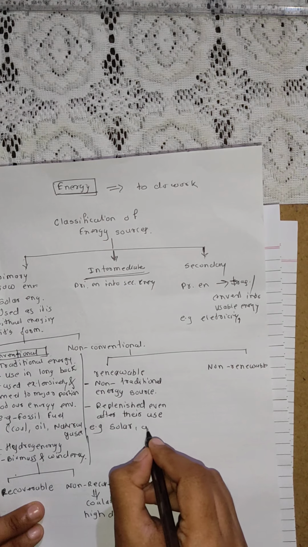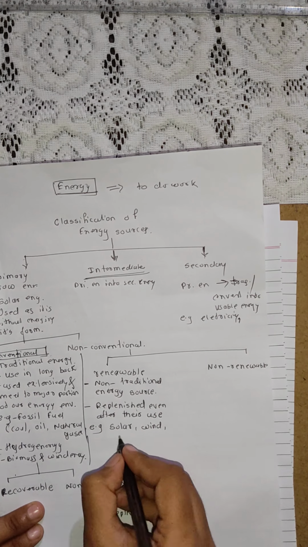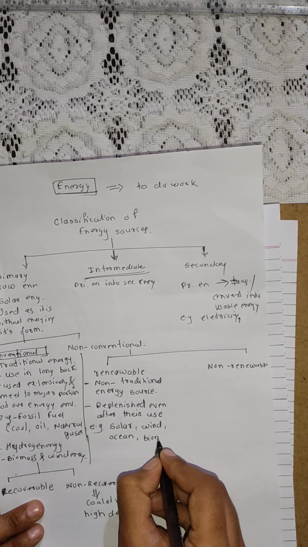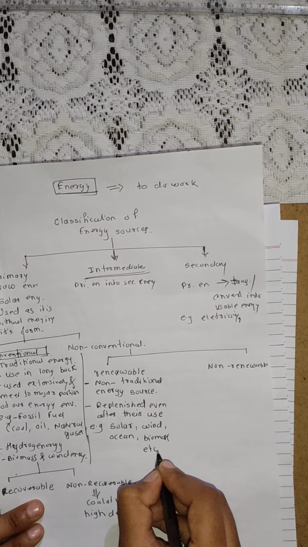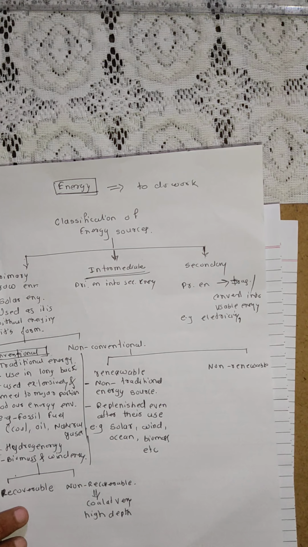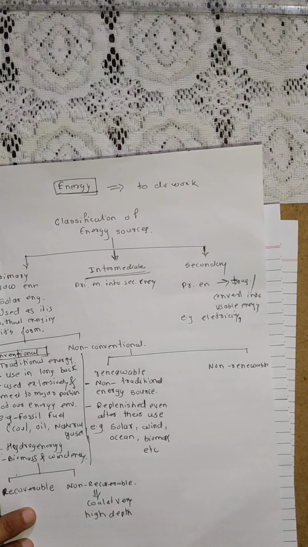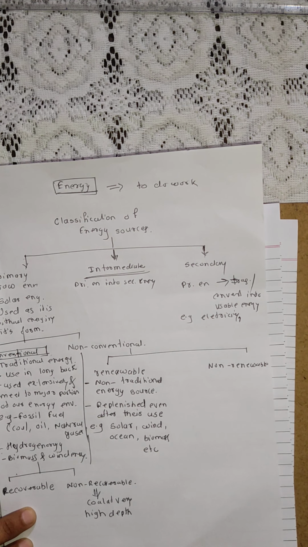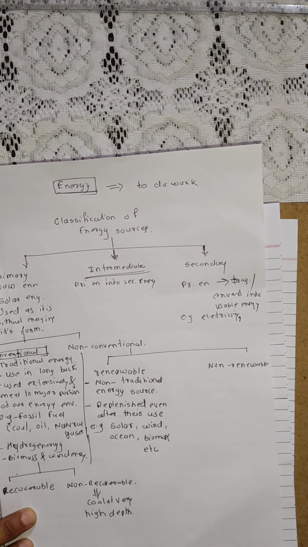For example, solar energy, wind energy, ocean energy, biomass energy, etc. Now we see non-renewable energy. Non-renewable energy sources are those sources of energy which are formed very slowly in nature, and which do not get replenished after their use.